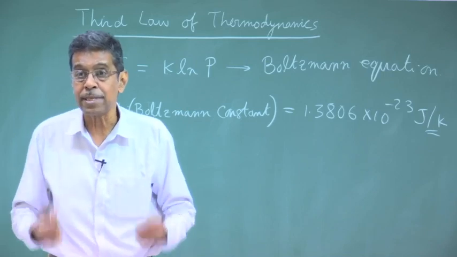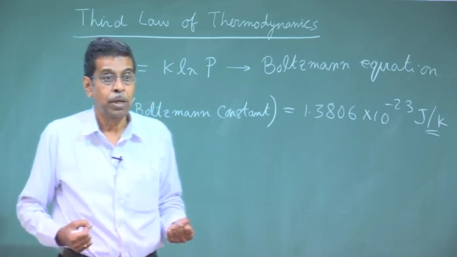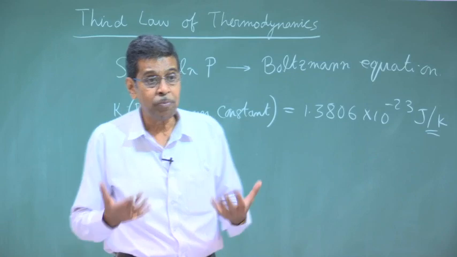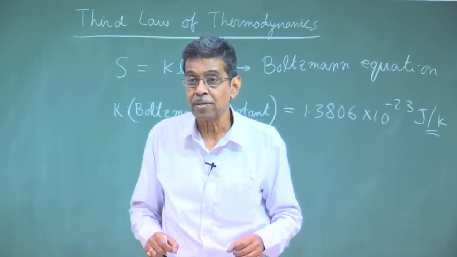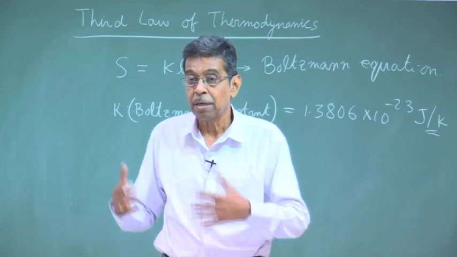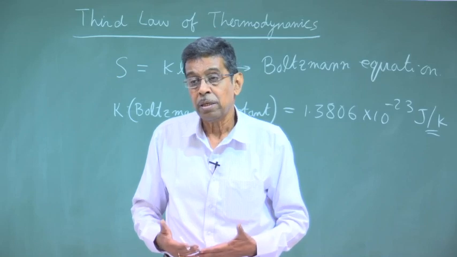So, these concepts were derived from experiments, data from chemical reactions at very low temperature, data from heat capacities of substances at very low temperature. By collecting the data and through deductions, it has been established.